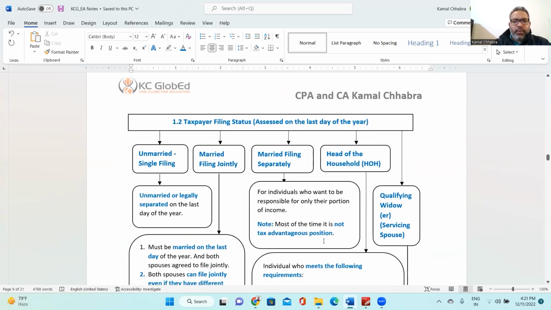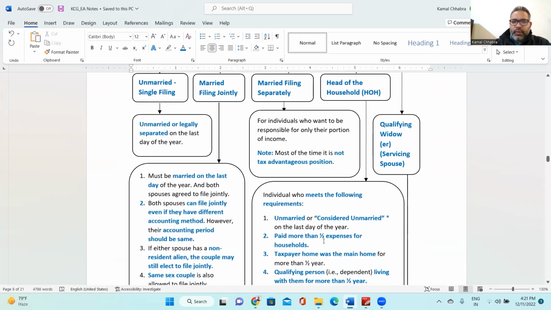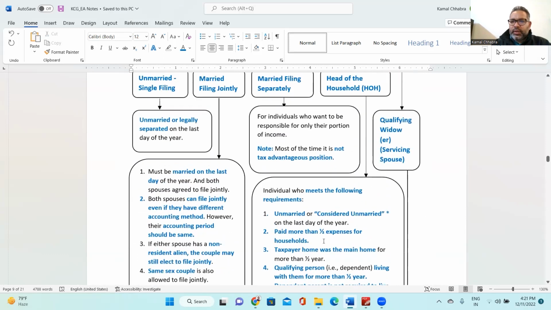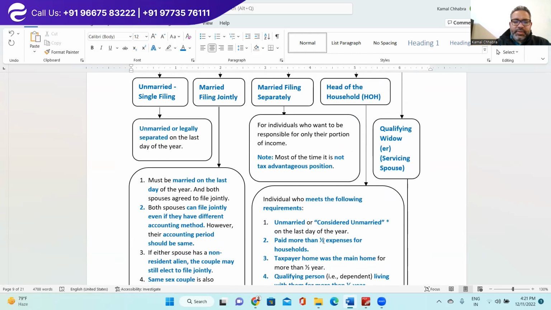Then we discussed taxpayer filing status, and we covered all 5 categories, right? Do you want me to quickly run through again, or do you have an idea now for all the 5 categories of filing status? Yes, no? Why so silent?